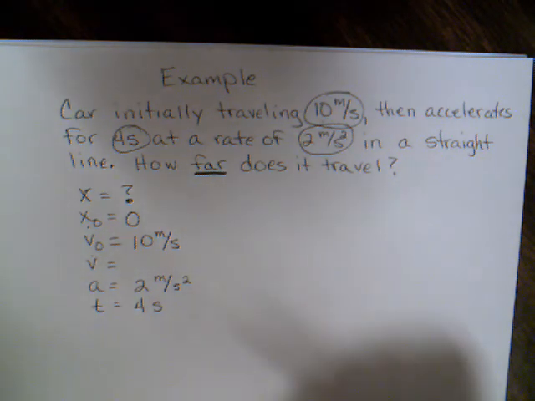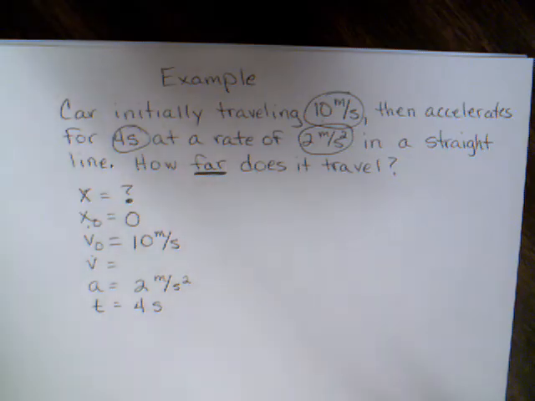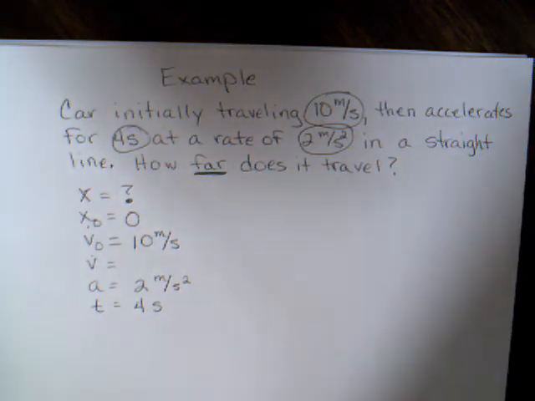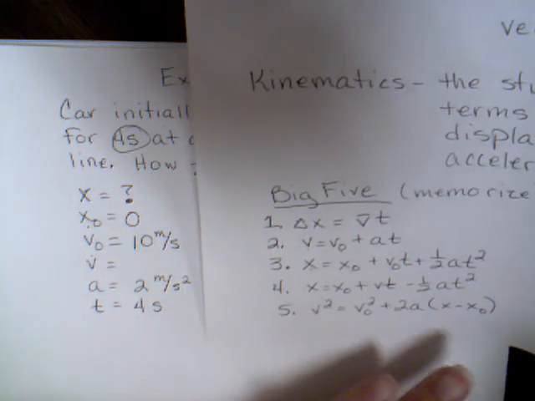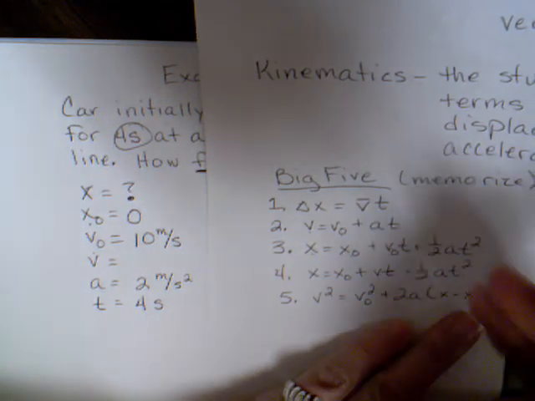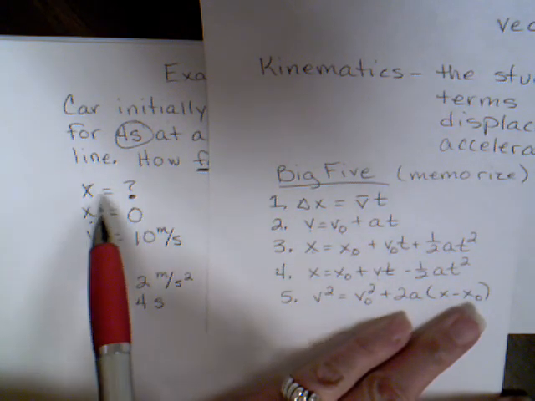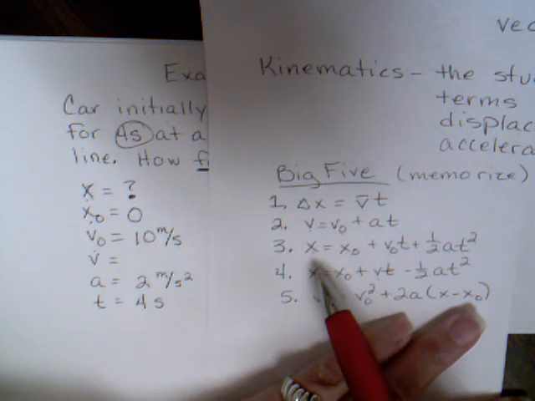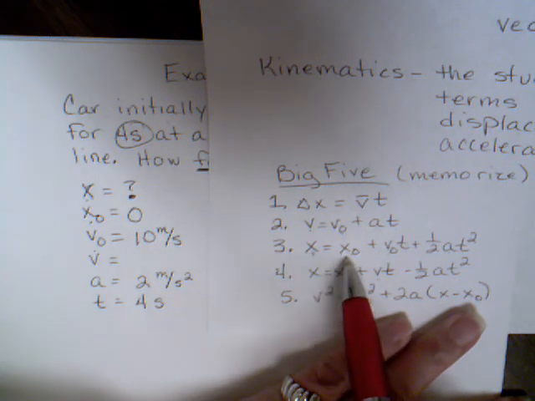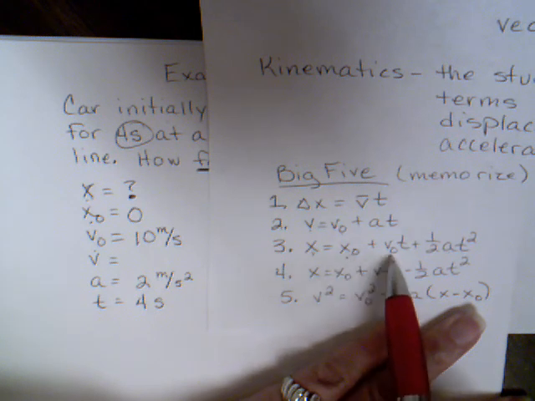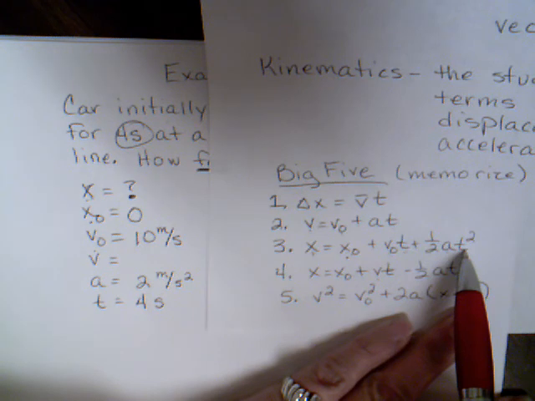Now what I do is I see if I can find one of the Big Five in which I have all of these and what I'm looking for. I'm looking for my x, so I need to pick one with an x. Here is one with an x. I know my x naught, my v naught, my a, and my t.